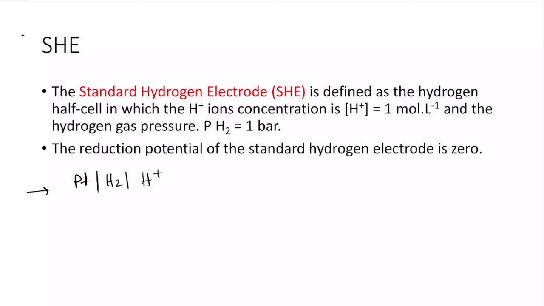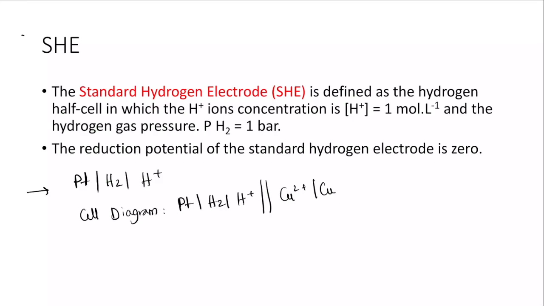So if I want to construct a cell diagram containing the standard hydrogen electrode, I'm just going to say Pt, H2, H plus, salt bridge. This is the first half cell, and I'm going to put here, let's say, Cu2 plus, Cu.